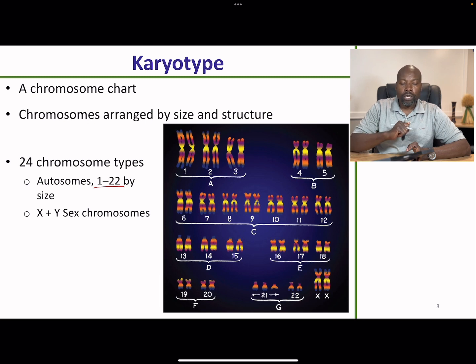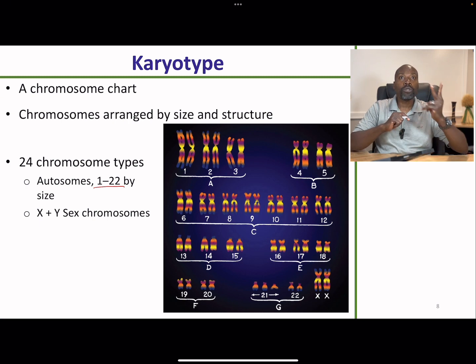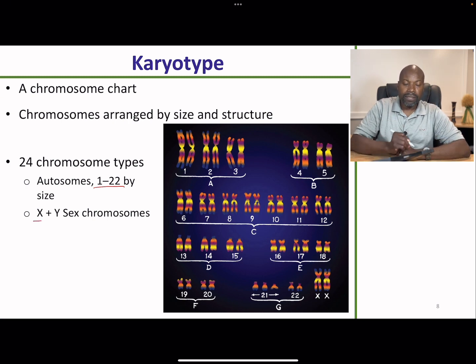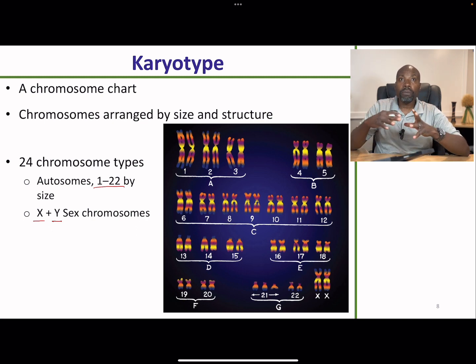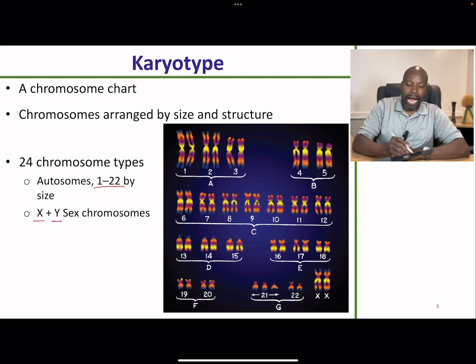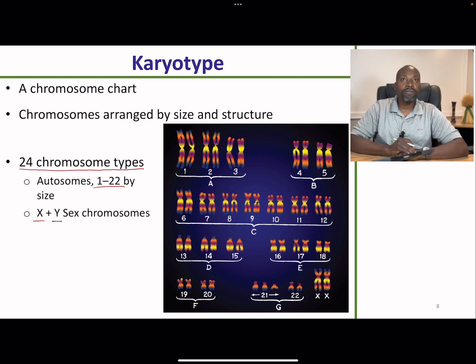In addition to these 22 pairs of autosomes, you're going to have two sex chromosomes. One is X, the other one is Y, right? So at the end of the day, for the human species, we have 24 chromosome types. Out of the 24 chromosome types, we have 22 pairs of autosomes, one X chromosome, and one Y chromosome.